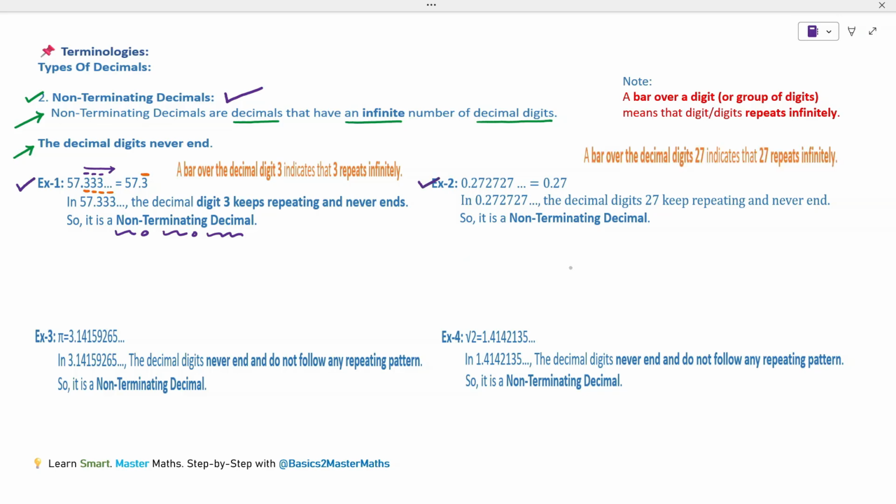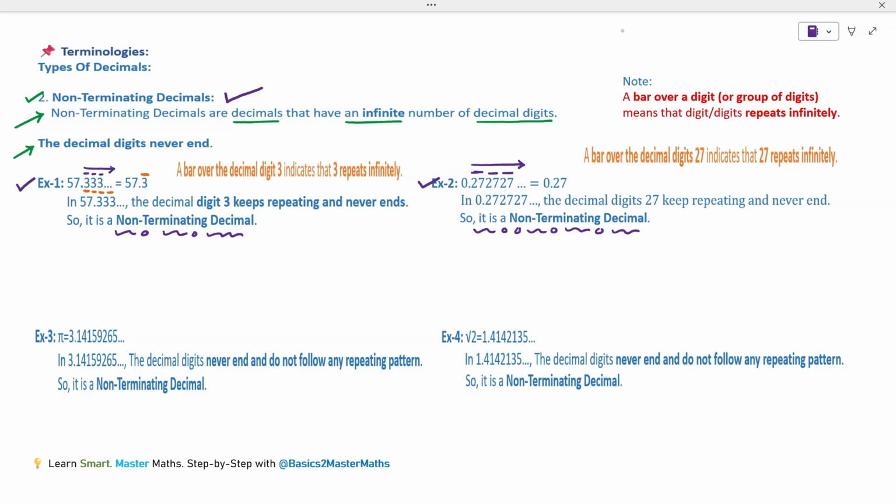Next example. In 0.272727, the decimal digits 27 keep repeating and never end. So 0.272727 is a non-terminating decimal.